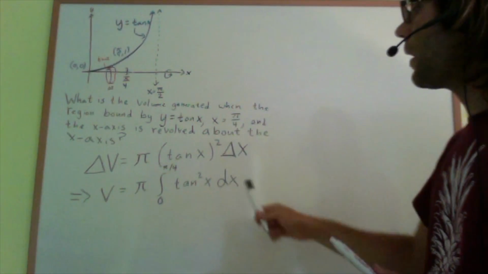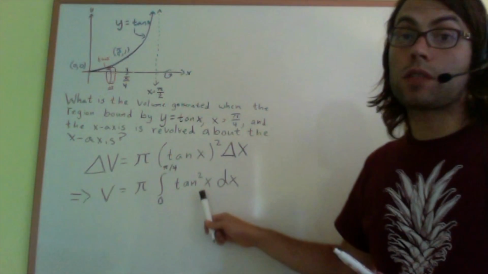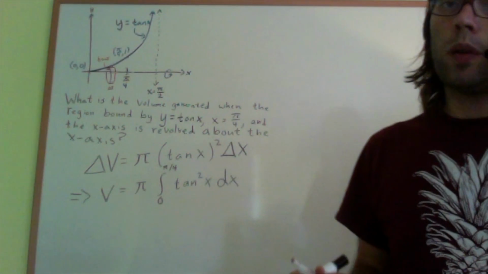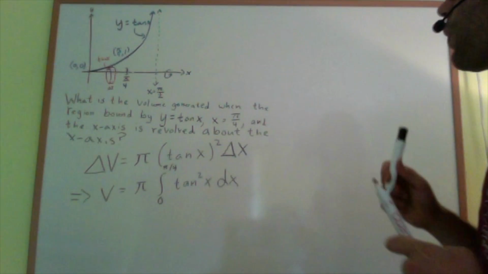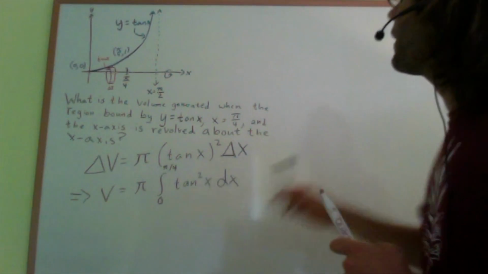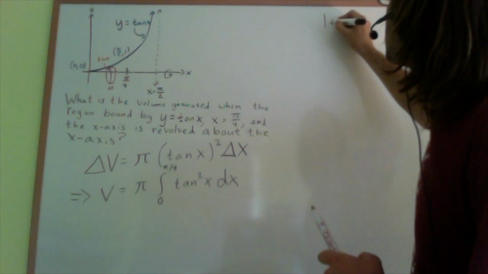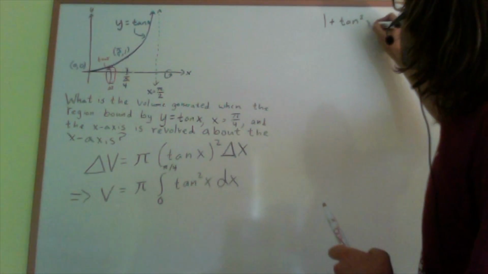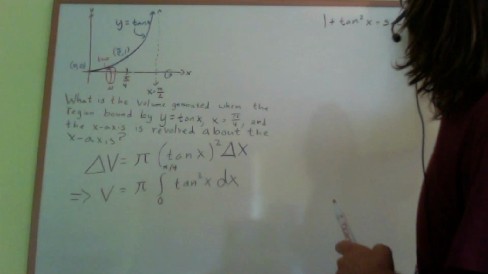All right, now the next question here is, how do we deal with tangent? It's actually not too tough, but a lot of students don't know how to handle it. So the way that we approach this is the following. We know that 1 plus tangent squared x is equal to secant squared x.